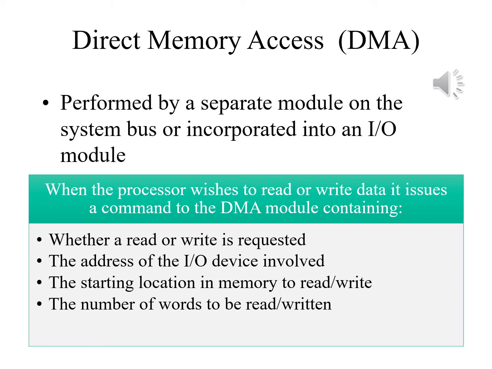When the processor wishes to read or write a block of data, it issues a command to the DMA module by sending to the DMA module the following information: whether a read or write is requested, the address of the I/O device involved, the starting location in memory to read data from or write data to, the number of words to be read or written.